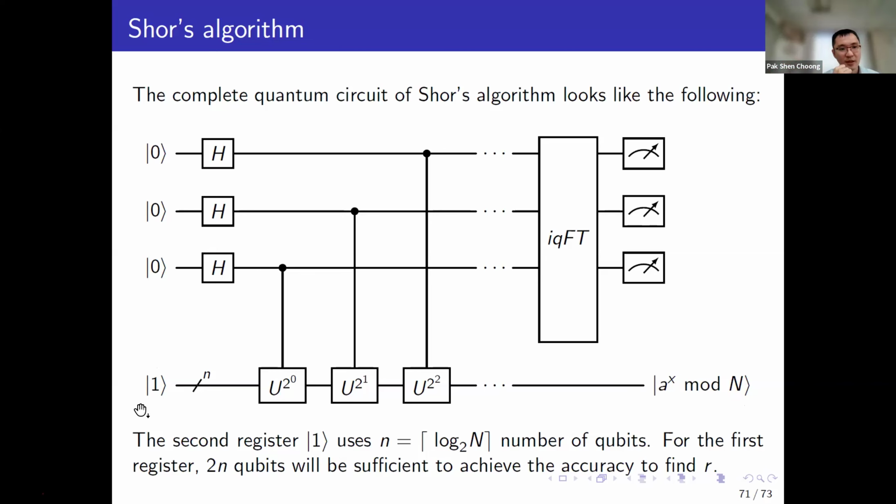So for these registers, how many qubits you should use depends on the number that you want to factor. If you want to factor 15, how many qubits do you need? 4, right?